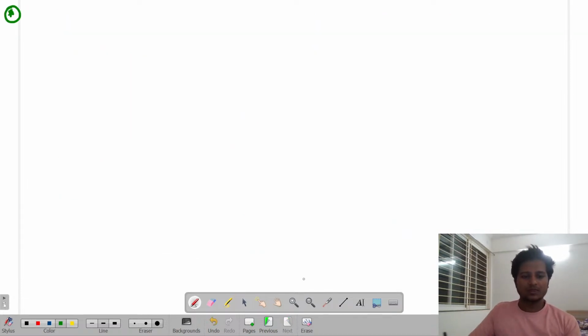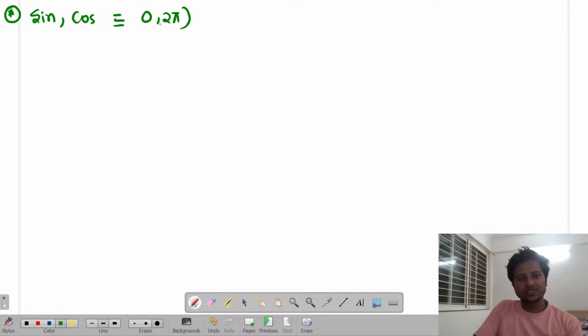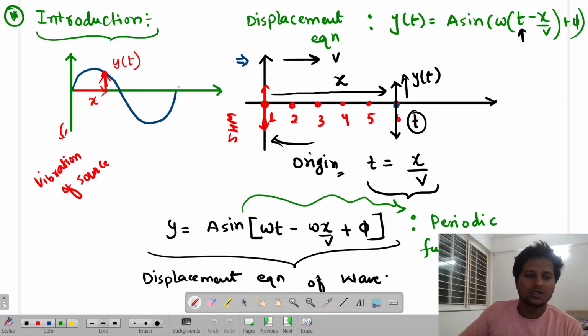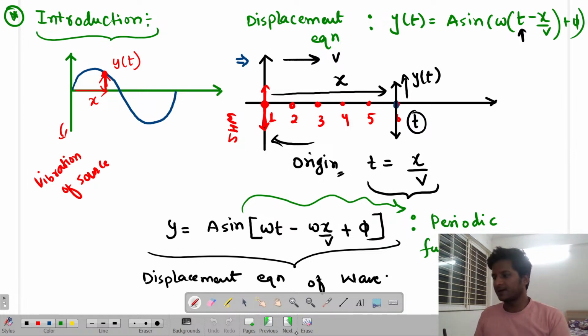We know that these sine or cos graphs self-repeat after some time, and that is after 2 pi, isn't it? Any sine or cos graph will repeat itself after 2 pi. So that's why we also say the period is equal to 2 pi. Guys, is this clear or not?